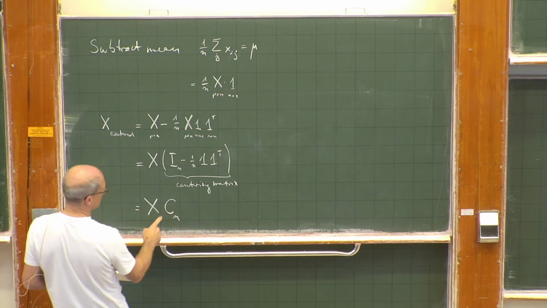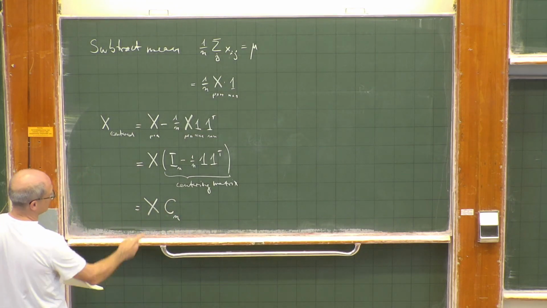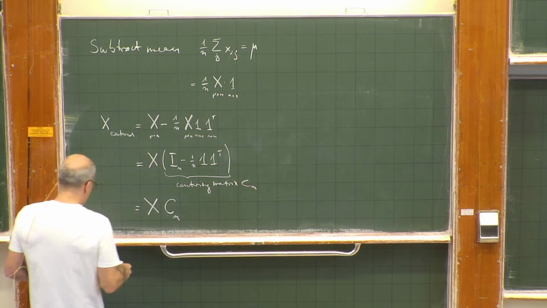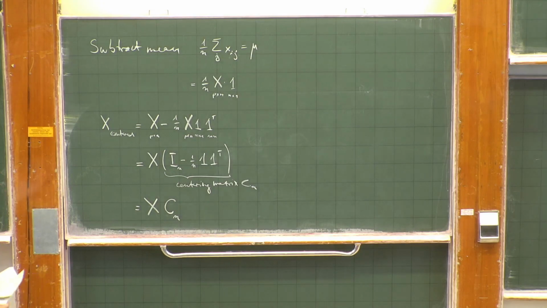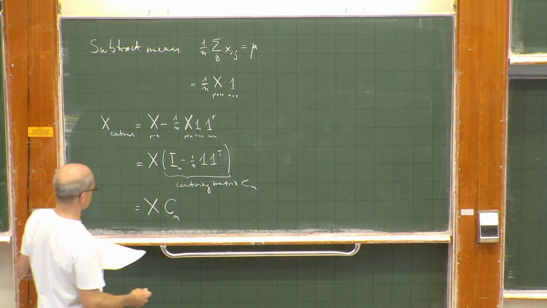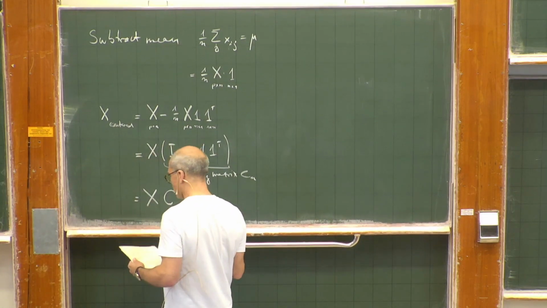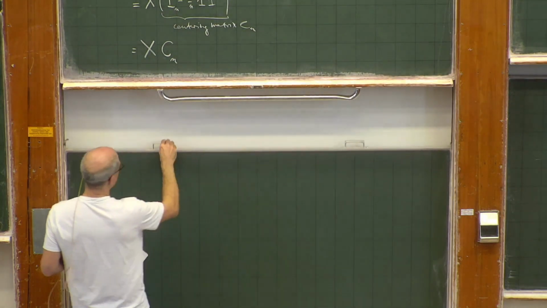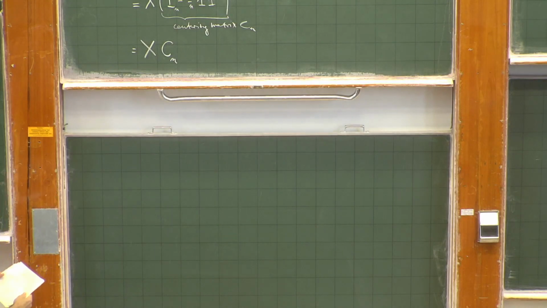I could say this is an n-dimensional centering matrix here. Okay, so we have subtracted the mean. And from now on, I will assume that the mean has indeed been subtracted.